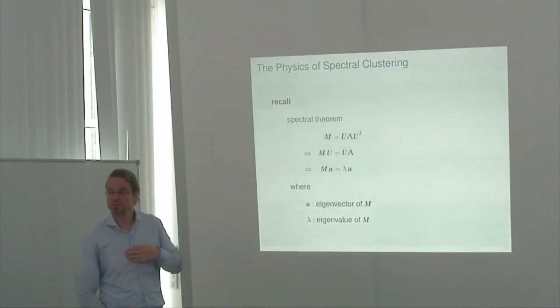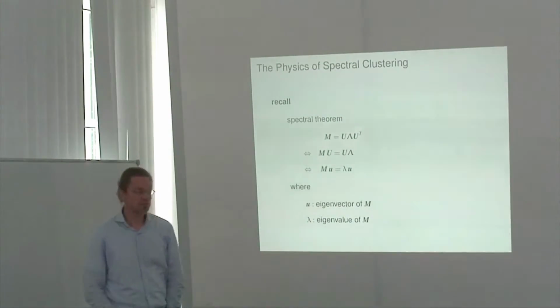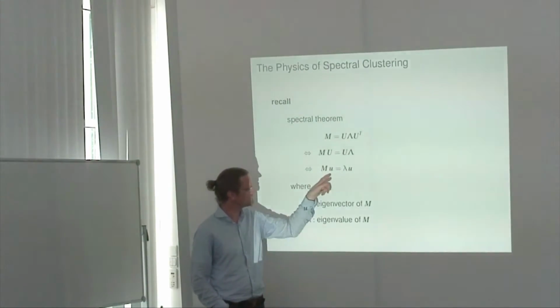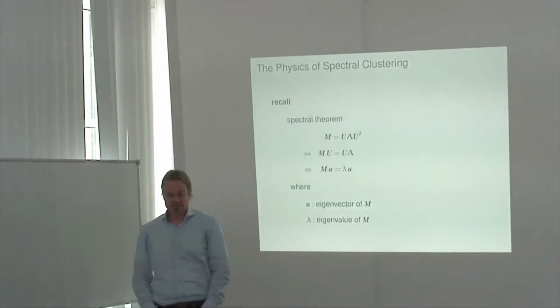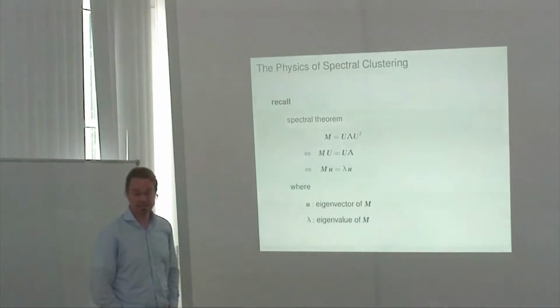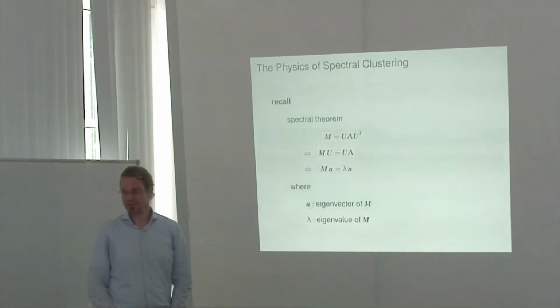Everything is 0 except for the elements along the diagonal. So this is called the spectral decomposition of a matrix M. And for each vector u and each scalar lambda for which this holds, we say that u is an eigenvector of that matrix and lambda is an eigenvalue of that matrix.